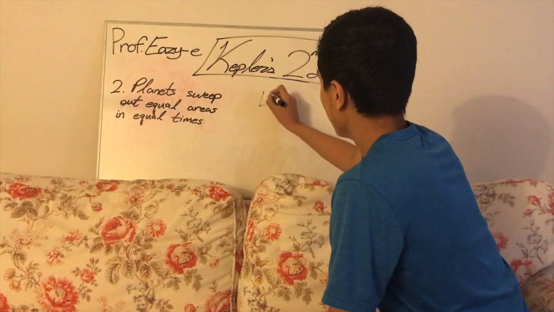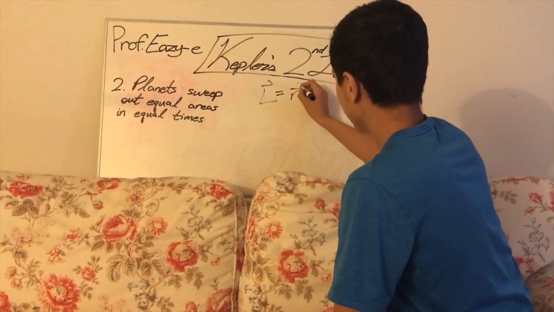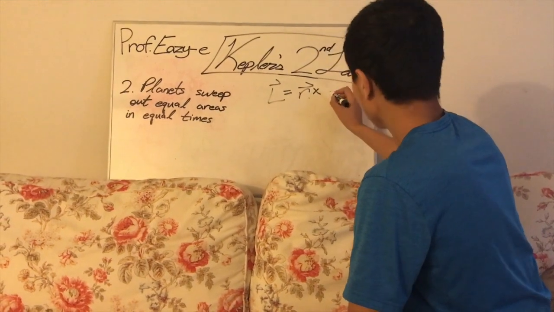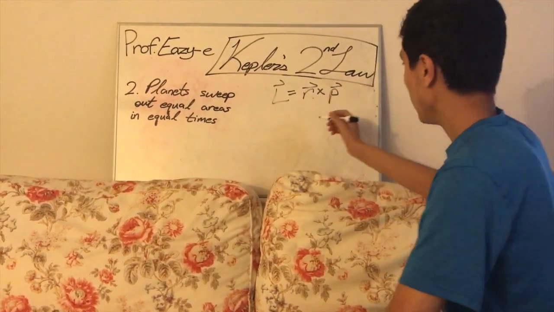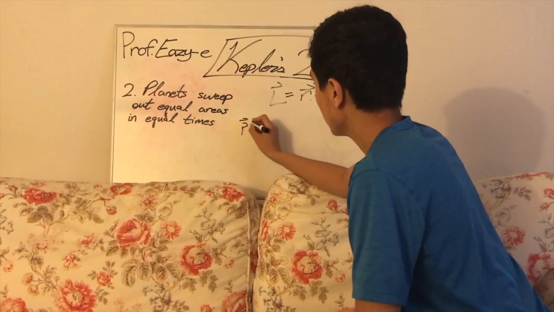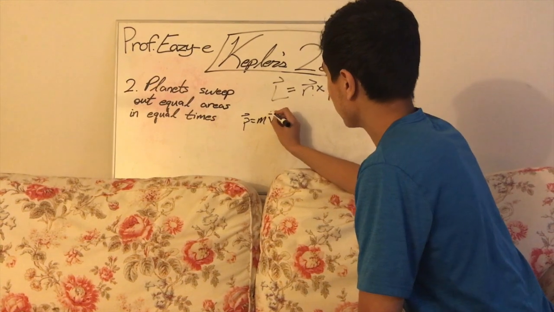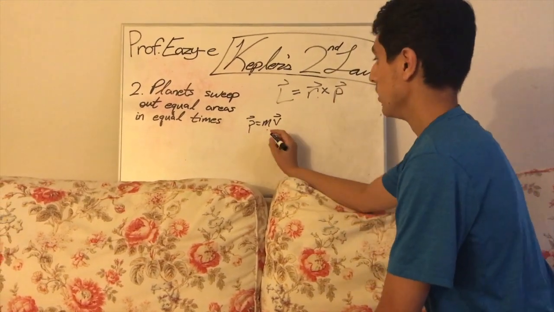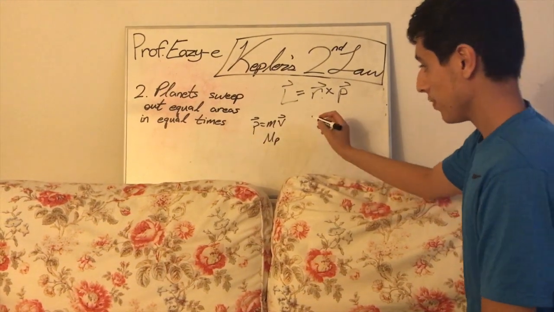We also know that angular momentum is equal to the position vector r cross translational momentum p, and we know that p is equal to mass times velocity, but in this case the mass would be mp because it's the mass of our planet.